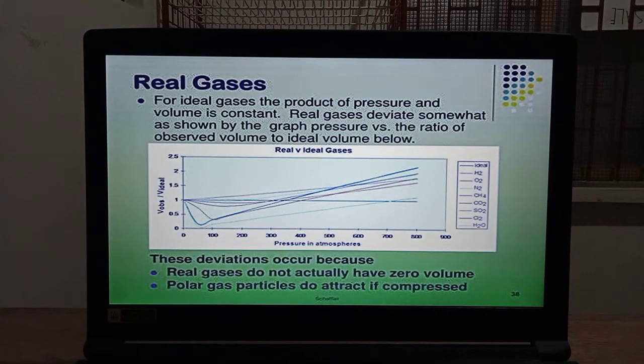For ideal gases, the product of pressure and volume is constant.